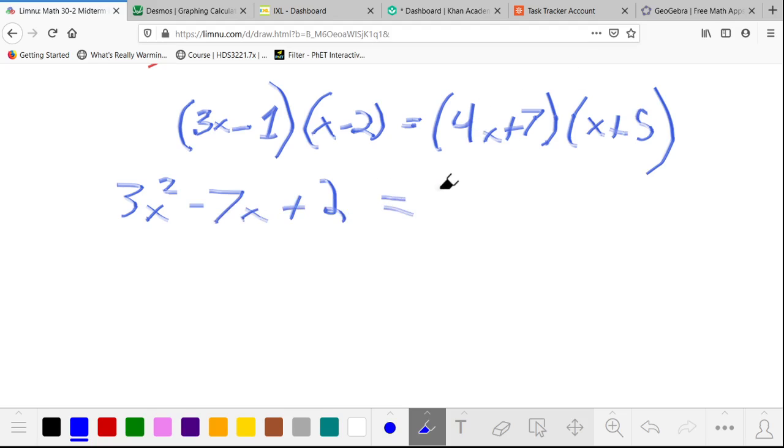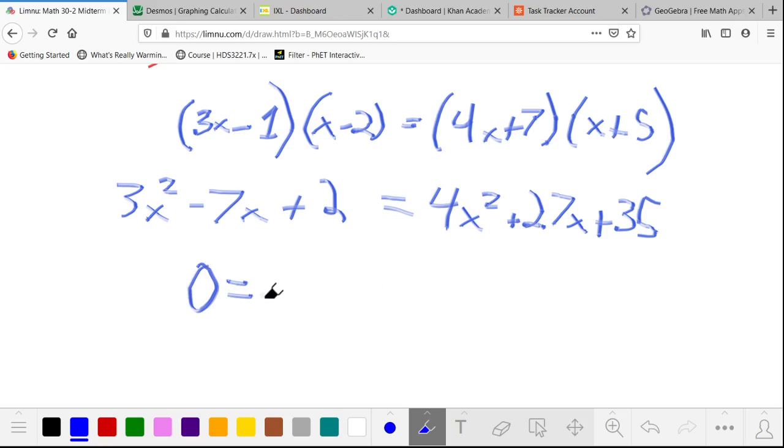And then our first is 4x squared. Outside is 20. Inside is 7. Last is 35. Now what? Now you move everything. Yeah, now we move it all to one side. So that's x squared. The 7x goes to there to make a 34x.